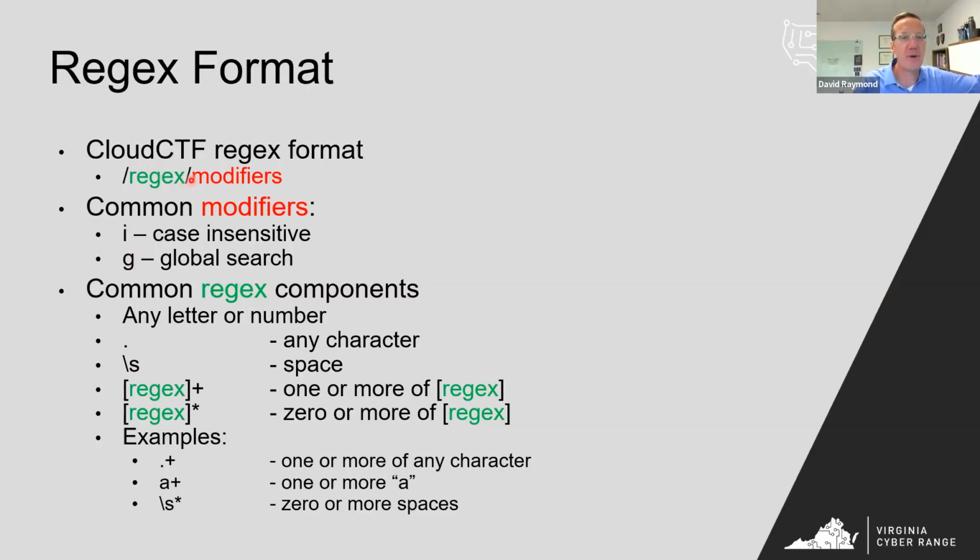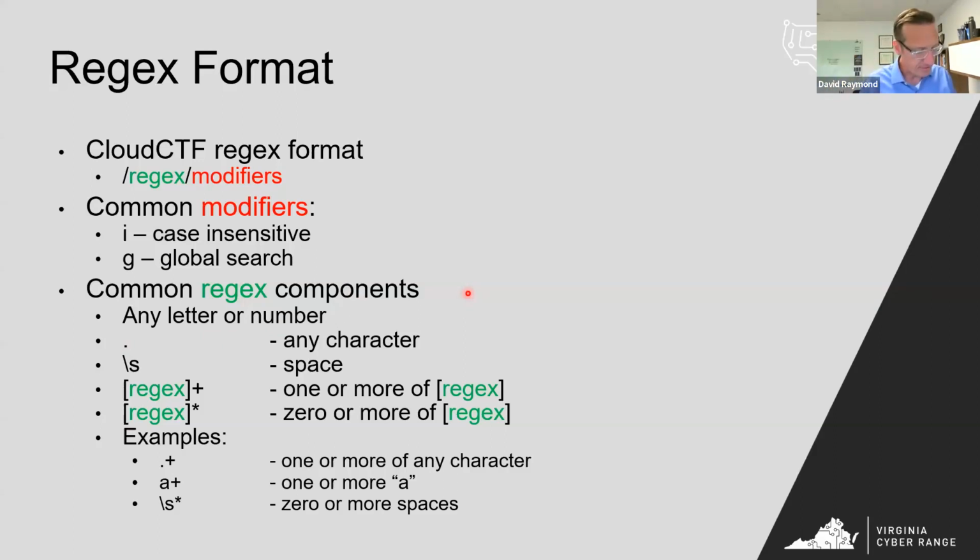Okay, in a regular expression, the regex itself is just a string of characters, except you can add some other stuff in here that can be useful. Like a dot can represent any character. So I'm going to pull up a regex tester here and show you how you could use a dot.